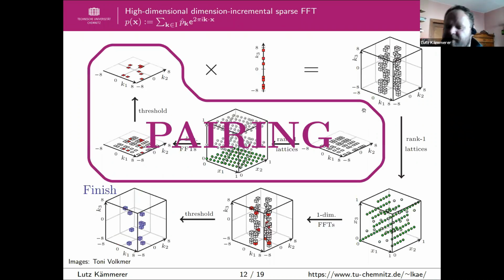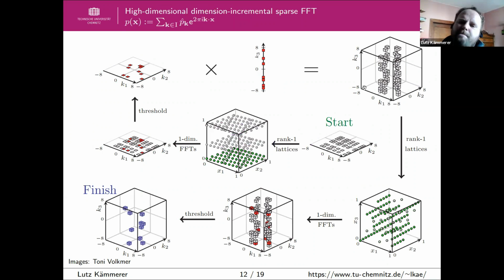So you split up with the dimension incremental approach your big set into several small sets, which you can treat. Okay. So you managed both a good sampling complexity and an efficient computation. Yeah, right. That is really interesting.